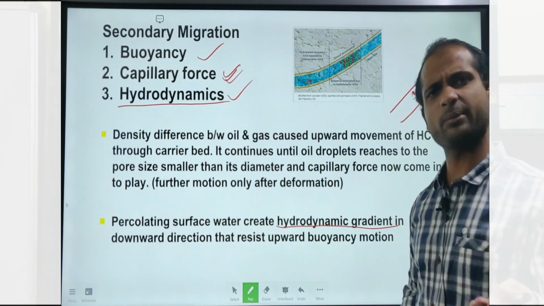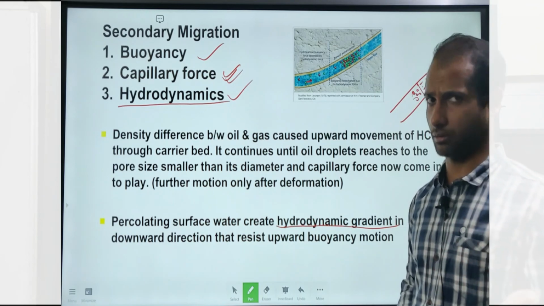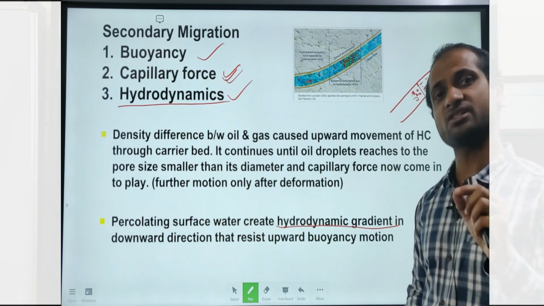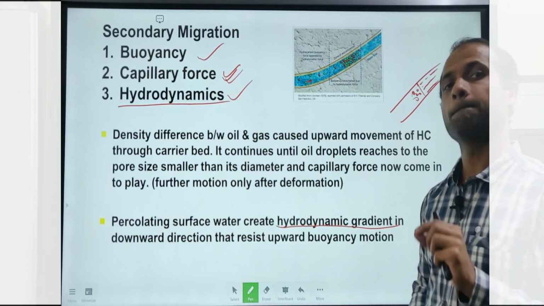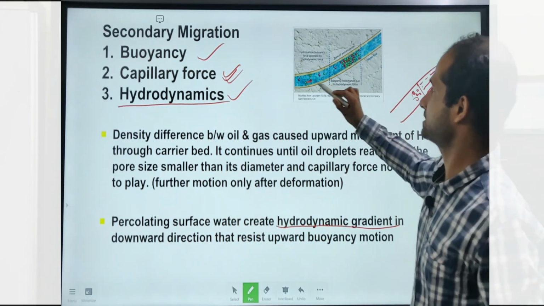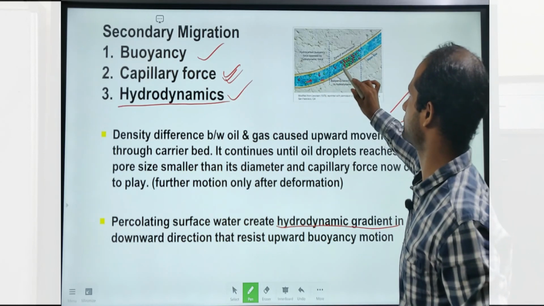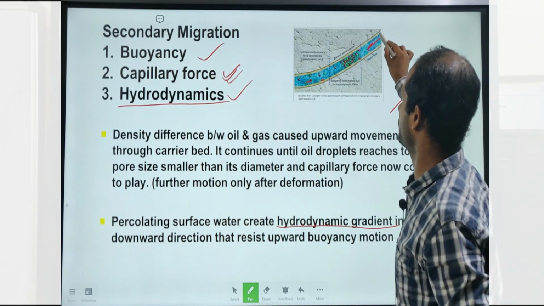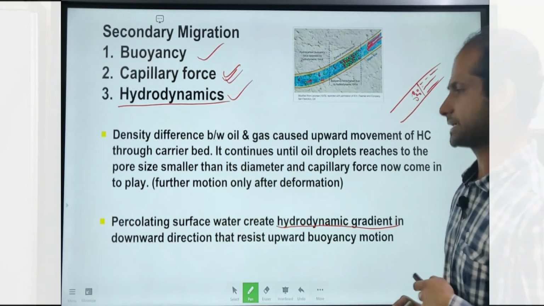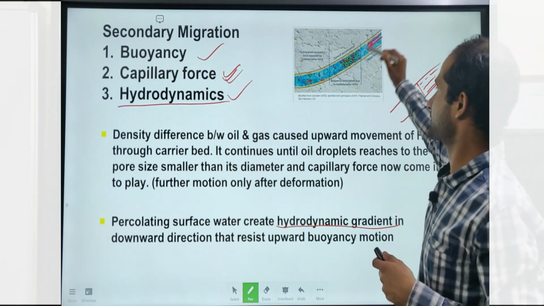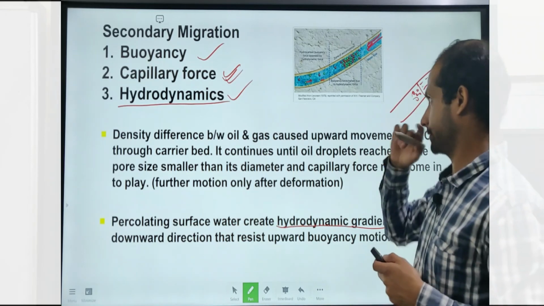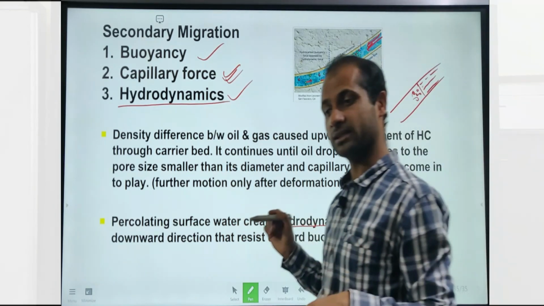This is a standard representation in all the industries: oil is represented by green, gas by red bubble, and water by blue. This is how oil and gas migrate, but because of the water flow here, they start accumulating at a certain place, because the infiltration of water resists the further upward migration of hydrocarbon.